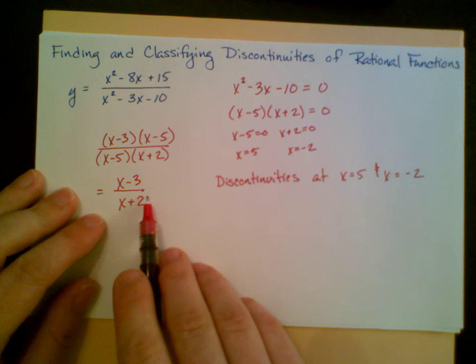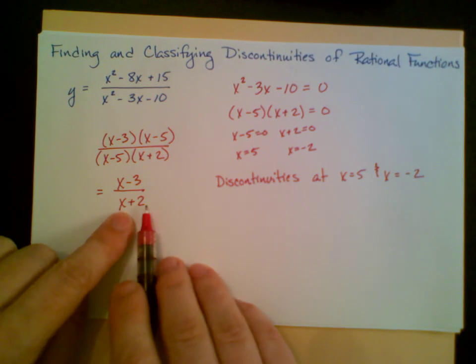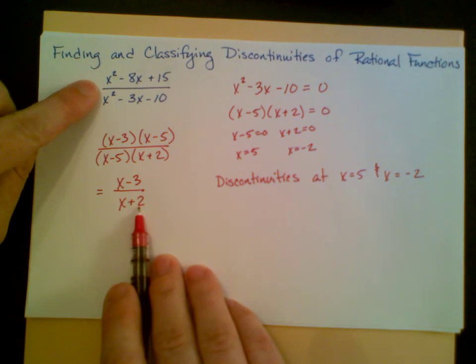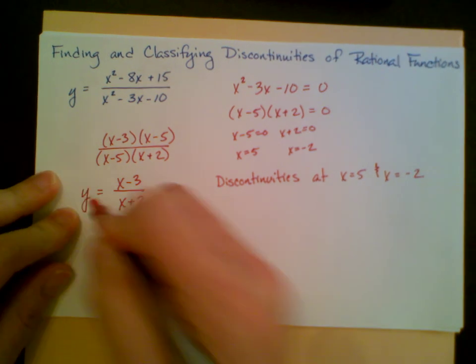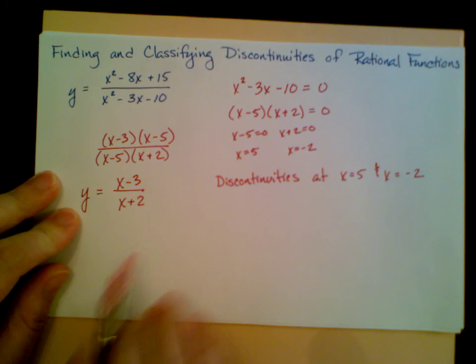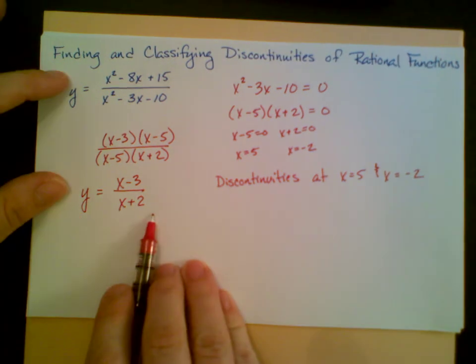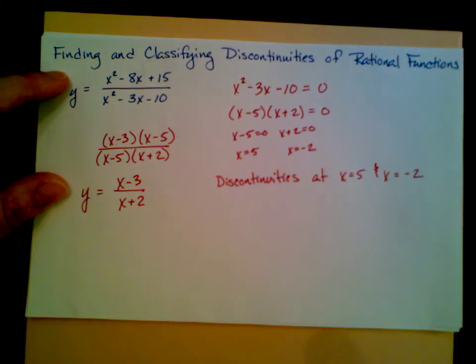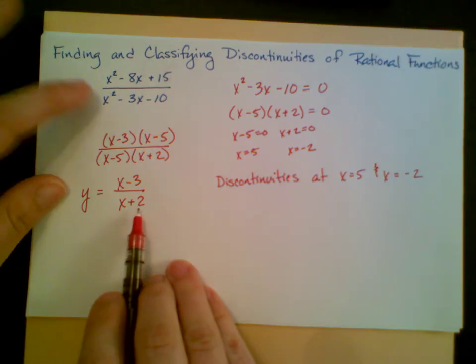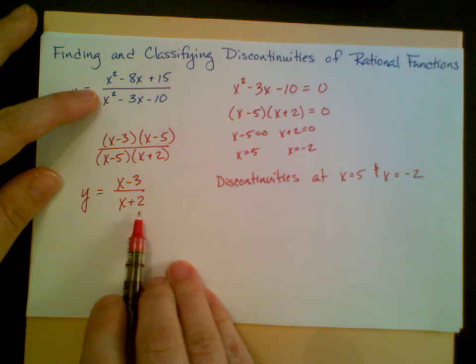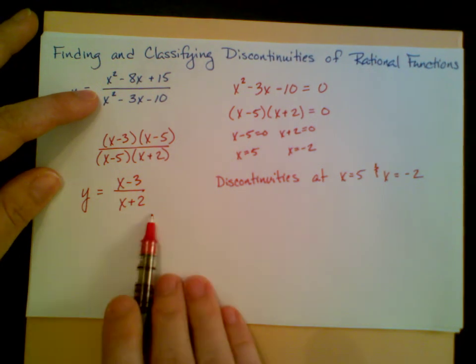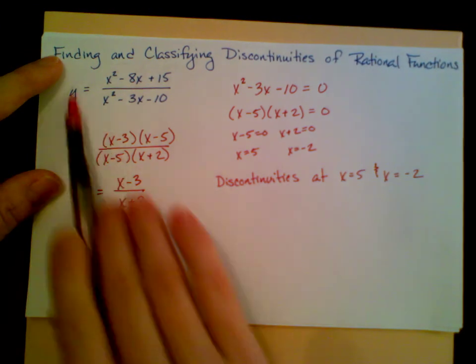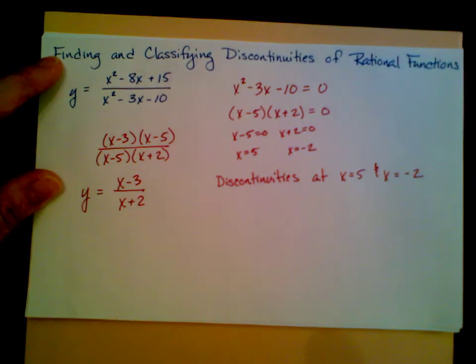Now this function is not exactly the same as this function. So I've got the function y equals x minus 3 over x plus 2. Everywhere they are both defined, they are exactly the same, but notice they do not have the same domain. This function, my second function, is defined at x equals 5, where the first function is not defined at x equals 5.